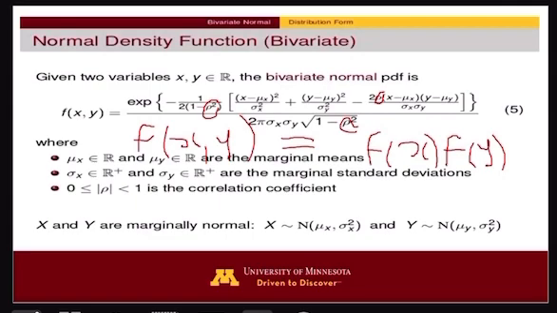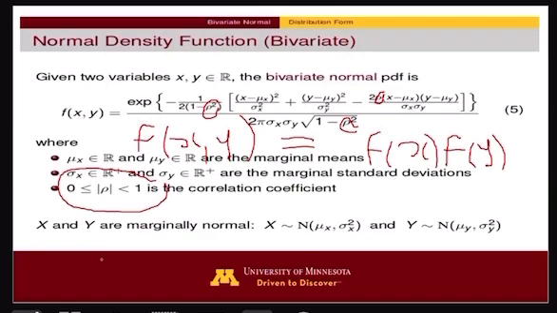Does that make sense? That particular rho is going to be less than or equal to 1. Why do we say less than 1? Because if a relationship exists between two variables, it is not necessarily a perfect one. So this is a bivariate normal density.